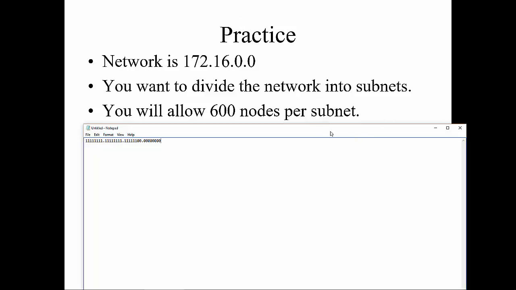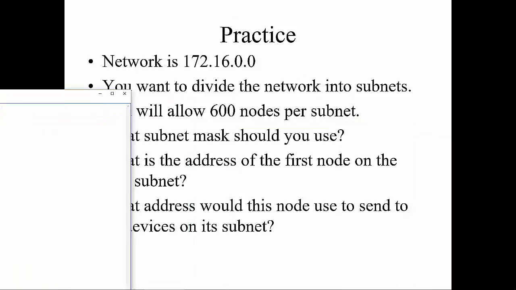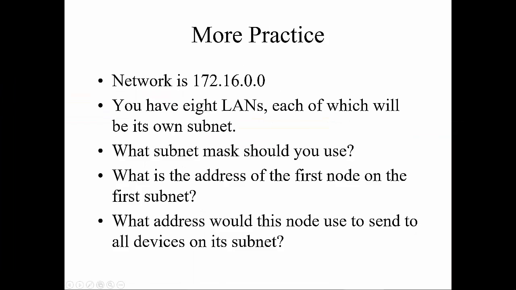So let's look at another example. Here we have 8 LANs or 8 groups, and they want to be their own subnets. So what subnet should we use? How many hosts per network do we have? It doesn't give us that information.